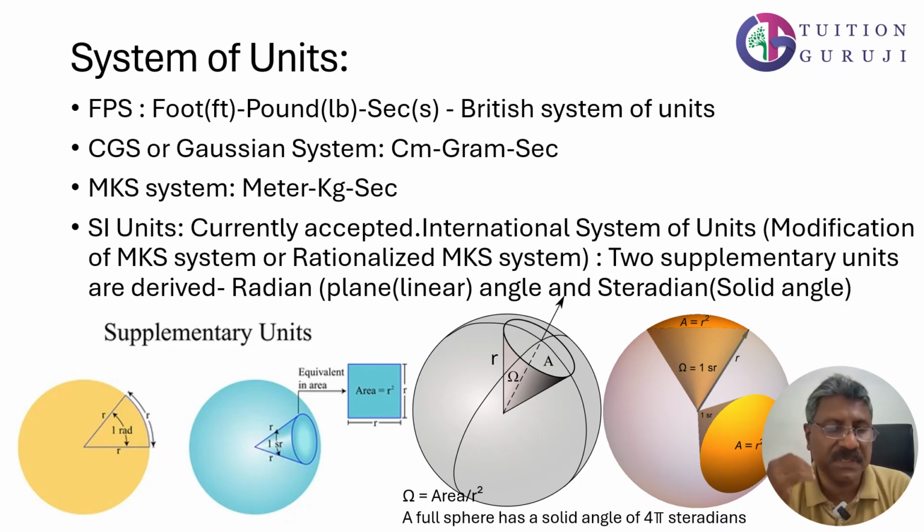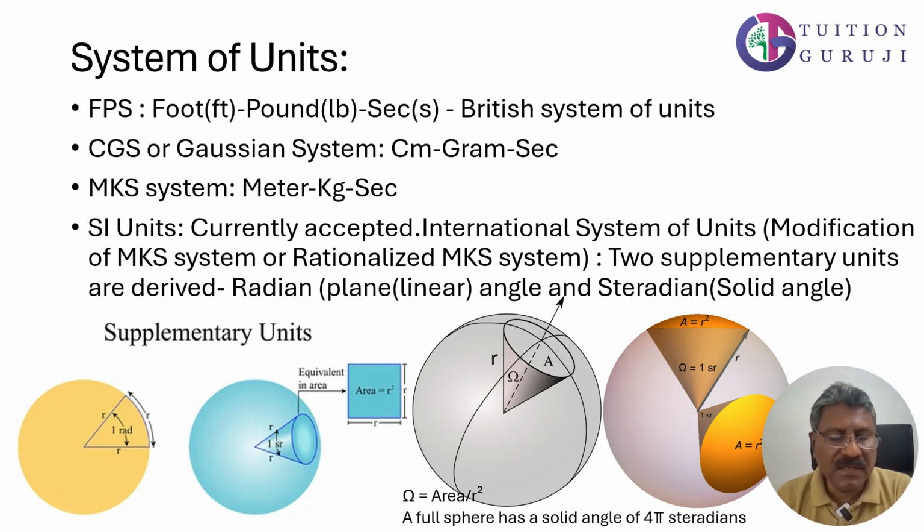MKS is meter kilogram second. Now the currently accepted system is the International System of Units, SI unit. It is a modification of the MKS system, or rationalized MKS system. There are 2 supplementary units also derived. These are radian for the plane angle and steradian for the solid angle.